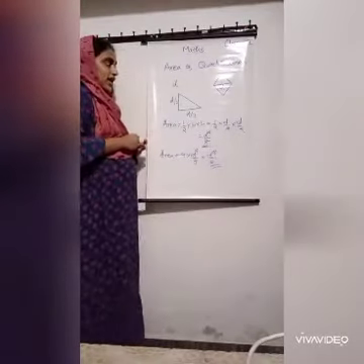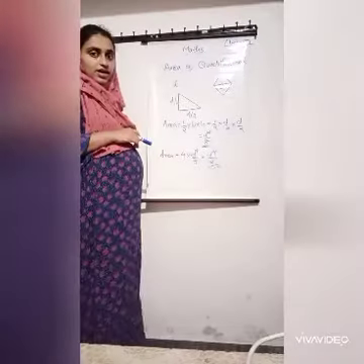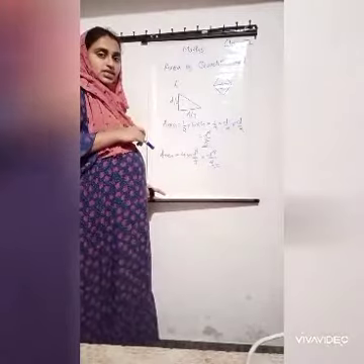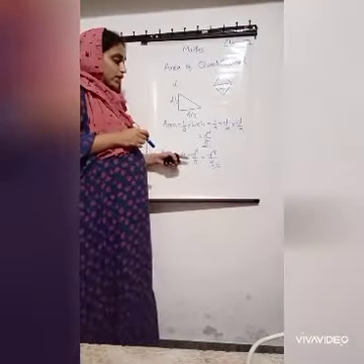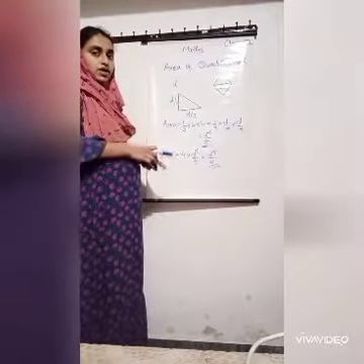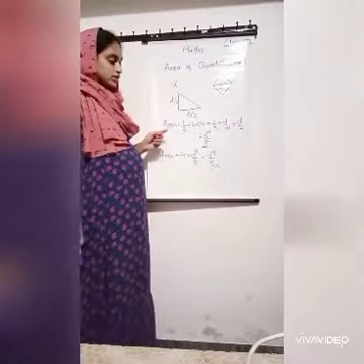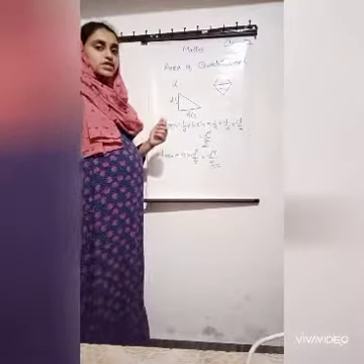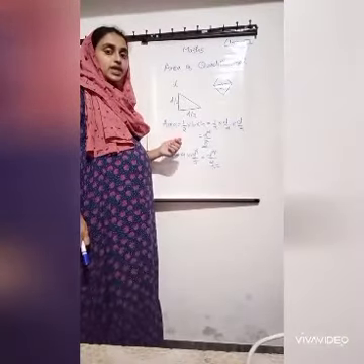So what is the area of a square if diagonal d is given? Yes, very good, d square by 2, that is area of a square is square of the diagonal divided by 2. Anybody have any doubt? So we can generalize as the area of a square is half the square of the diagonal.